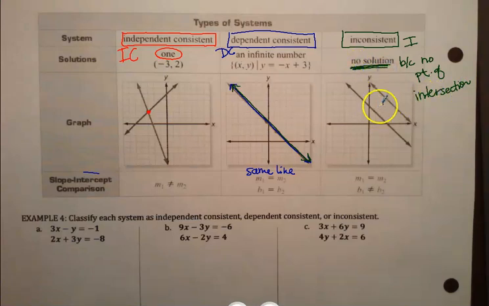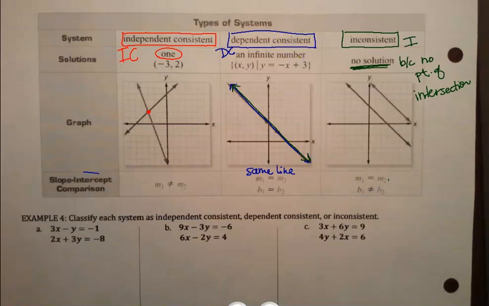So what do you notice about these lines? Yeah, they're parallel. So when we compare their slope-intercept forms, they have the same slope because they're parallel, but they have a different y-intercept. When that happens, there is no solution because there's no number that will make both of the equations true.